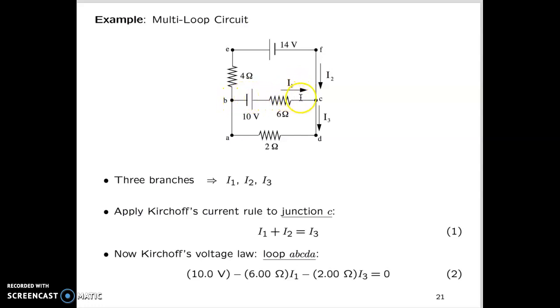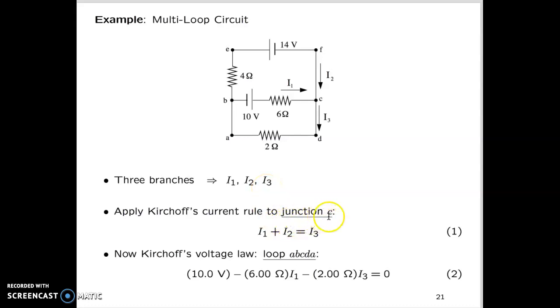I'll guess that I1 is flowing left to right from B to C. I'll guess that I2, which is the current I'll put in this branch, is flowing in the direction indicated, so from B to E to F and then down to C. And then the third current in the bottom branch, I'll assume is flowing from C to D to A to B, as indicated here. Right. So 3 branches, 3 currents. We need 3 equations to solve these 3 unknowns.